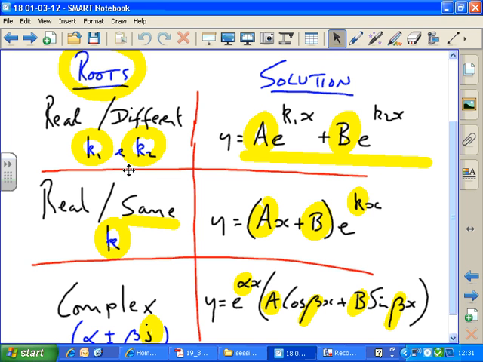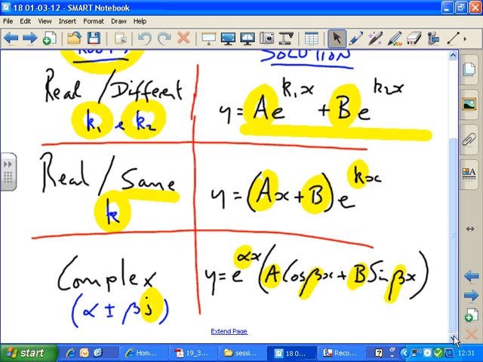So we get two different roots, k1 and k2, and in that case we choose a solution like this: y equals a e to the k1 x, where k1 is the first root, plus b e to the k2 x, where k2 is the second root to our quadratic equation. Then we have to go a step further and find out, if possible, what the values of a and b are.